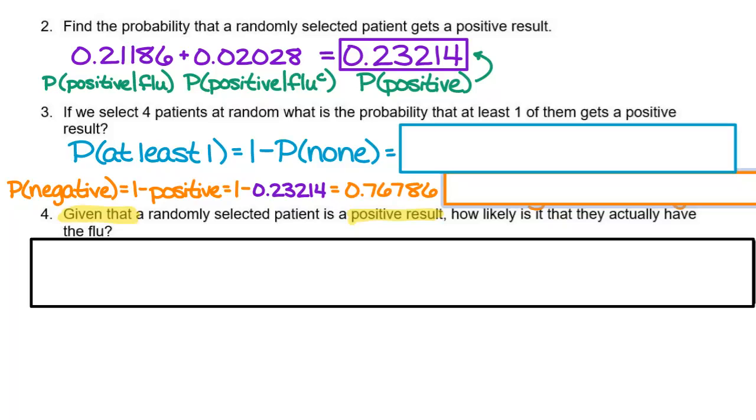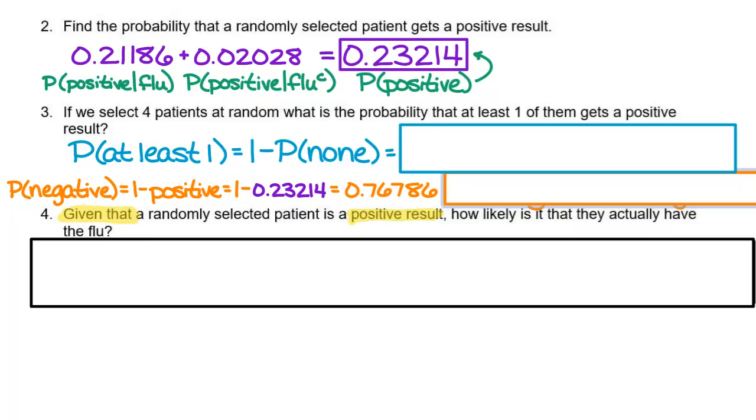Or you could add the 2 outcomes that have negatives. This right here is the probability of 1 person getting a negative test result. How many people are we talking about here? 4.